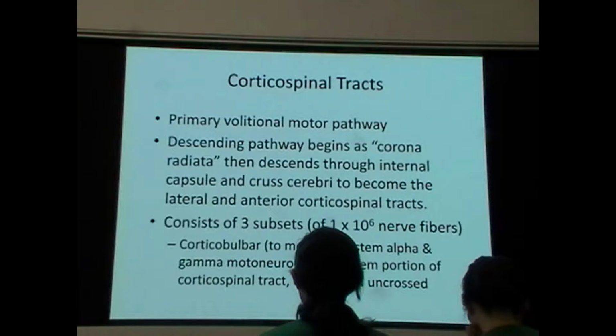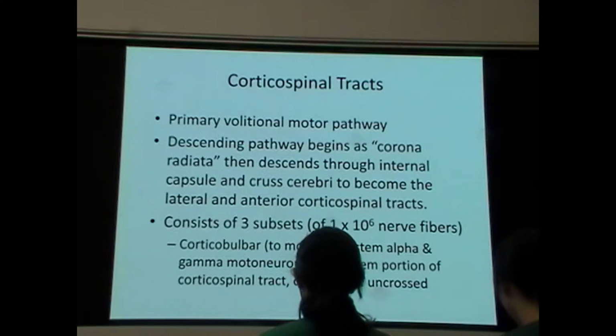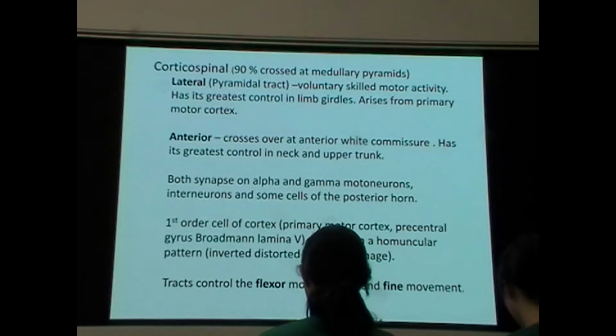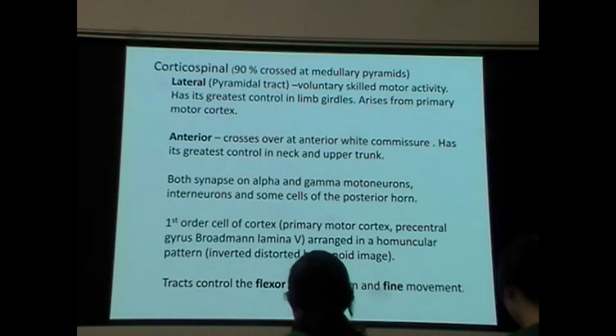Now, the brainstem portion of the corticospinal tract is both crossed and uncrossed, and that's important. Ninety percent of it crosses from the medulla, this lowest portion of the brainstem, over to the opposite side of the spinal cord.